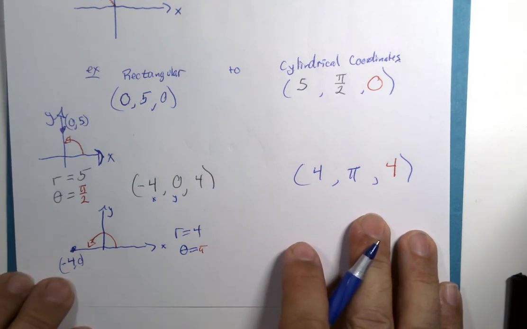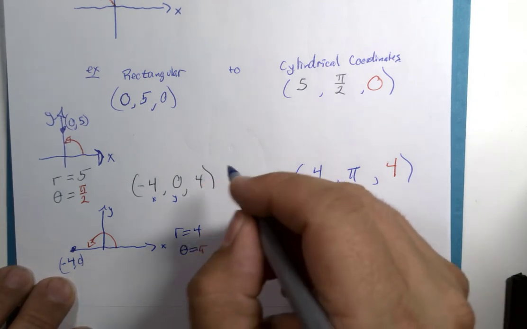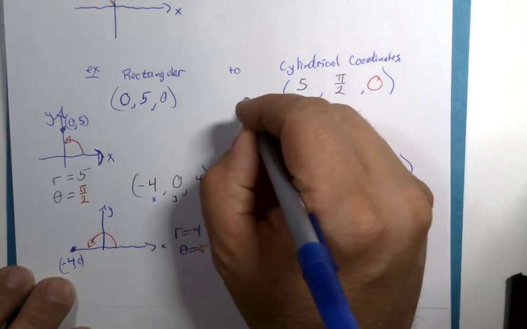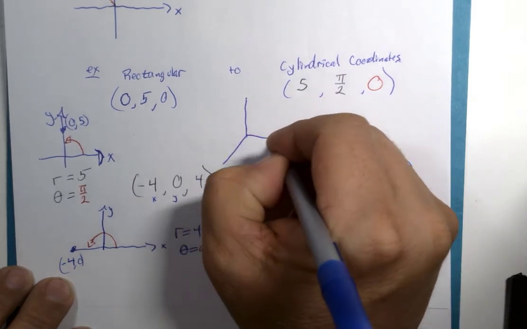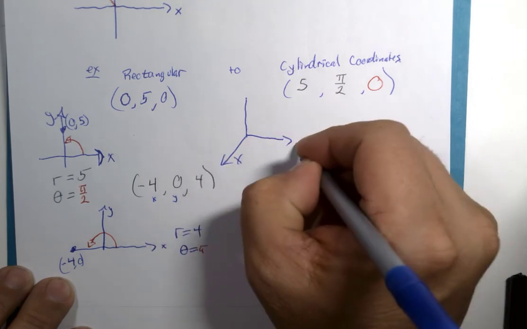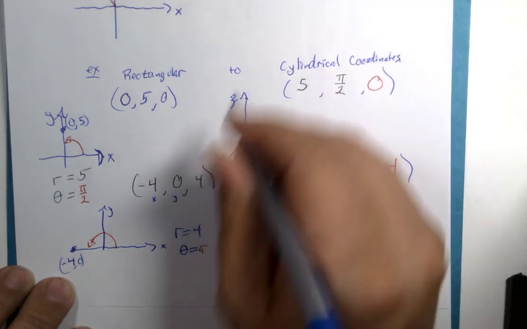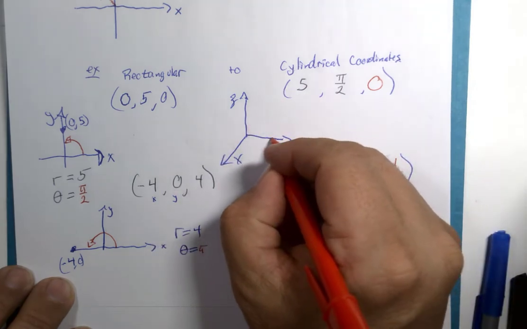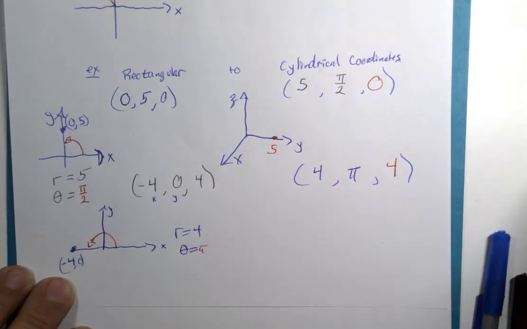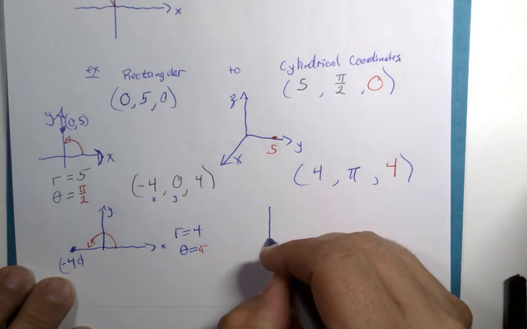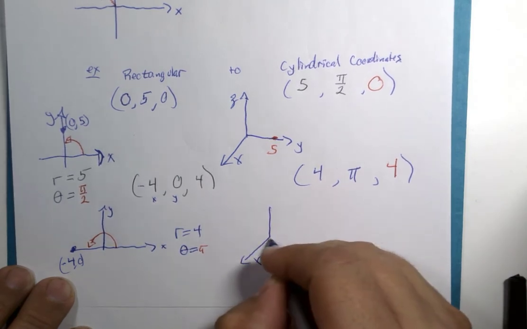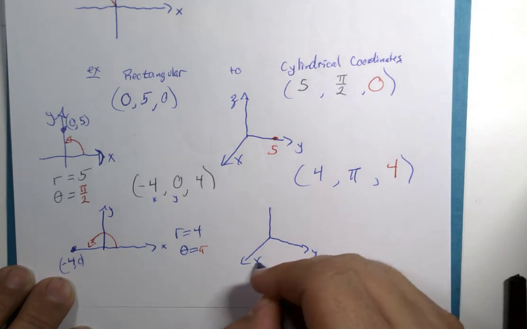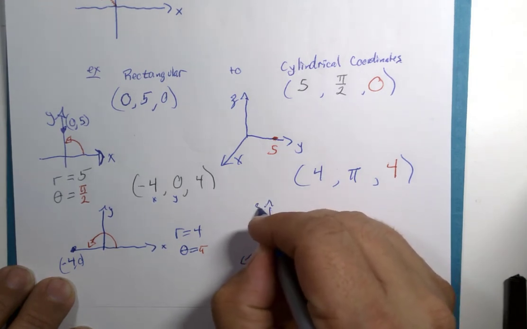Now if we were to try to draw either of these in 3 dimensions, let me see if I'm able to do that. X, y, z. So this would be 5 units in the y-axis for that one. That one's pretty straightforward. It's on the y-axis. For this one here, x, y, z.